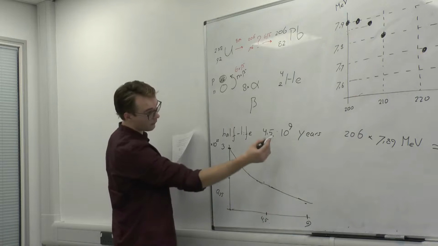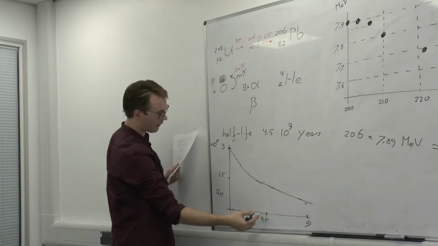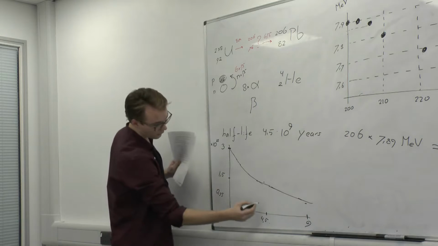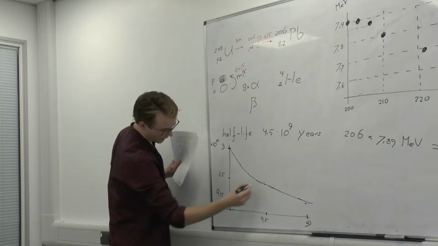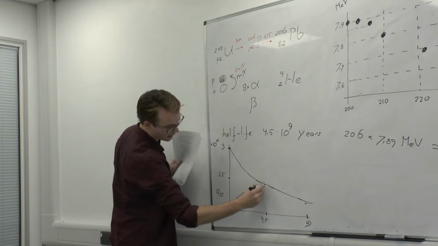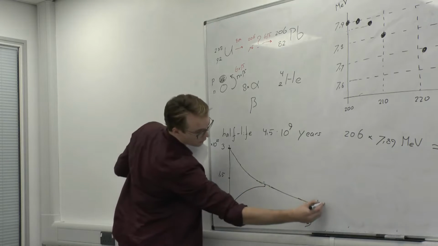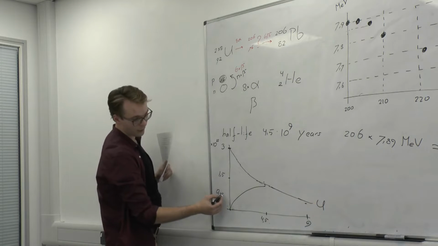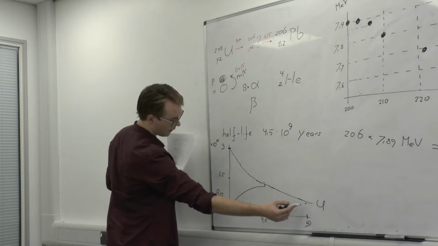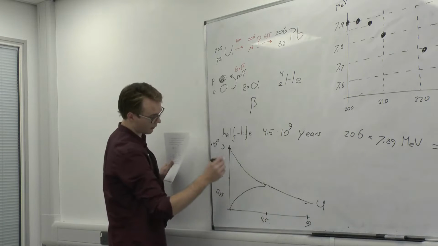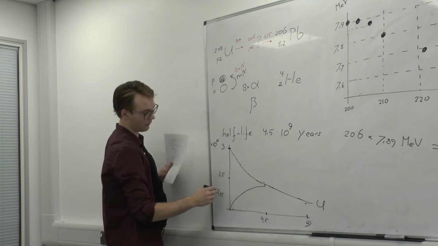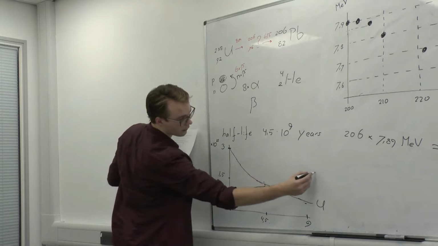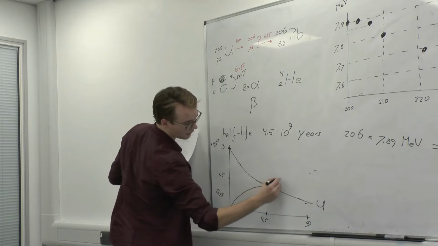4.5 billion years, when half of your uranium atoms have decayed, you gain that same number in lead atoms. So this is the number of uranium atoms. And then when I have only 0.75 uranium atoms left, I have 3 minus 0.75, which is 2.25, somewhere over here, is the number of lead atoms that I have.